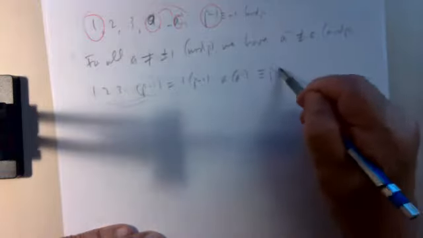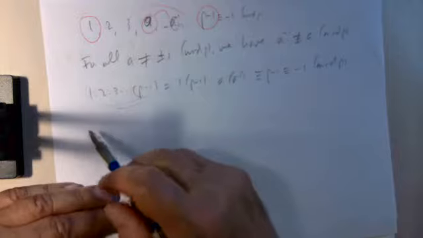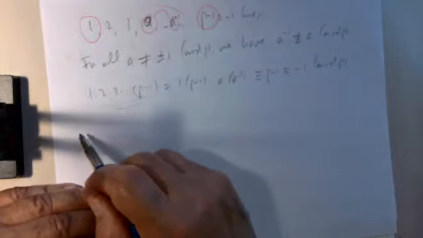This is congruent to P minus 1, which is congruent to minus 1 mod P. That's the proof.